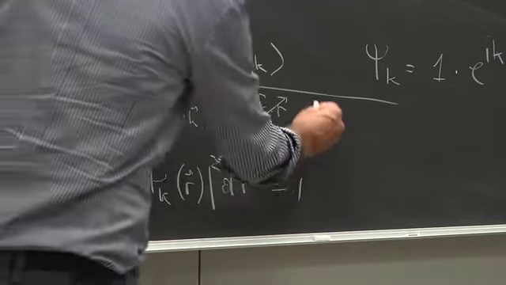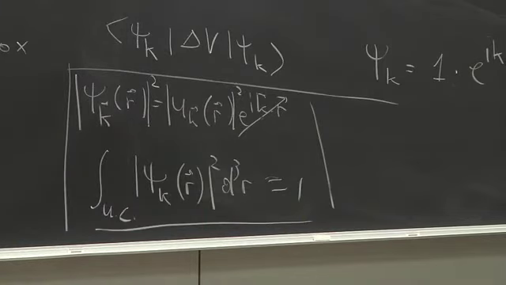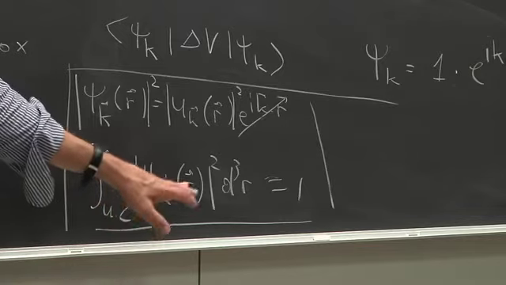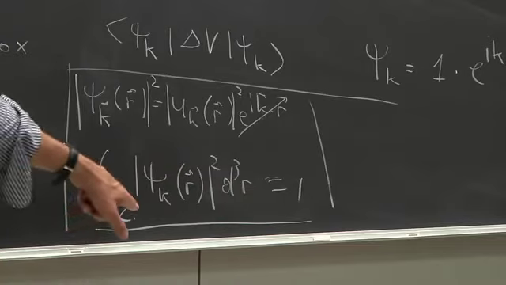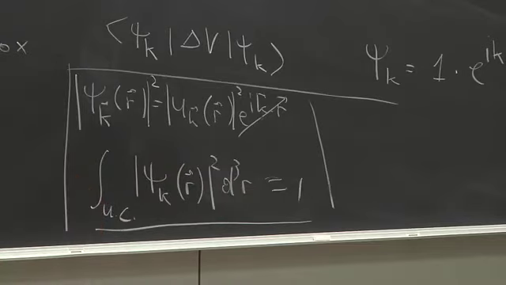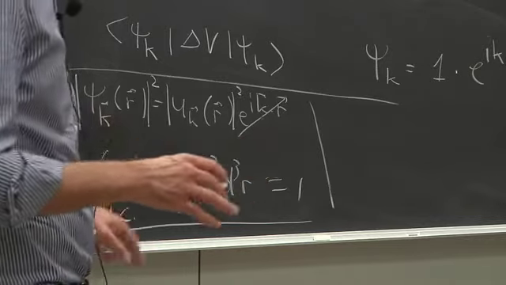So this is the assumption I'm going to use, the definition, if you wish, of normalization for Bloch states. I want them to be normalized within the unit cell. UC here, notice, UC, unit cell. So I don't need to carry out integrals over the whole space or over arbitrarily large but finite regions of space like you do in particle physics. Let me just do it within the unit cell.